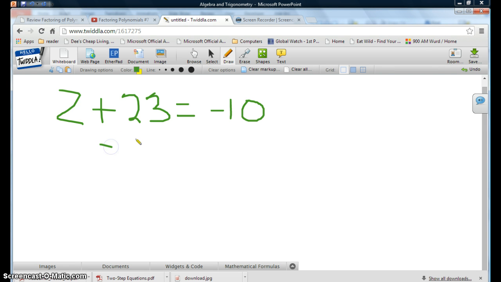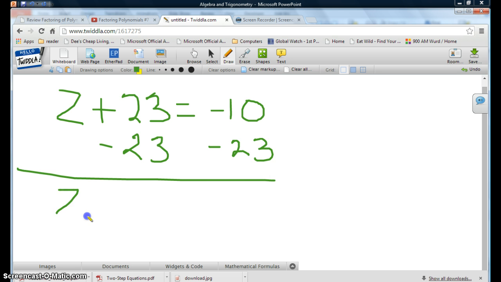So the opposite operation of plus is minus 23, and a minus 23 on this side. So what I do to one side, I have to do to the other. Bring down my z. These cancel out. Equals, and this is minus 33. So z equals minus 33.